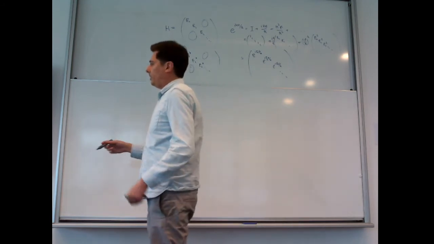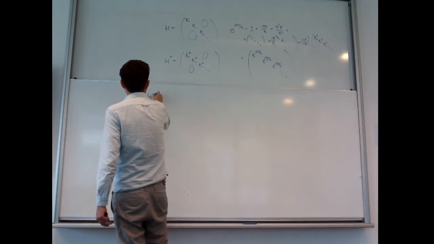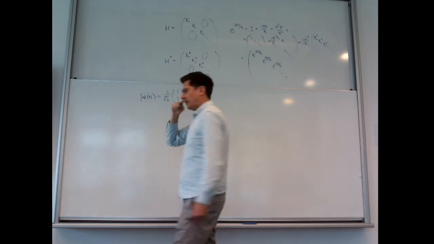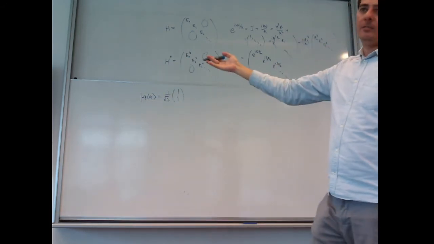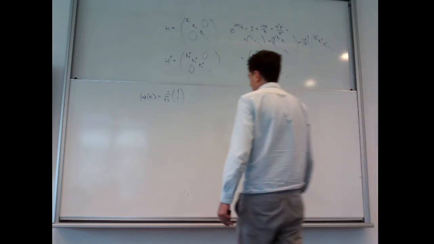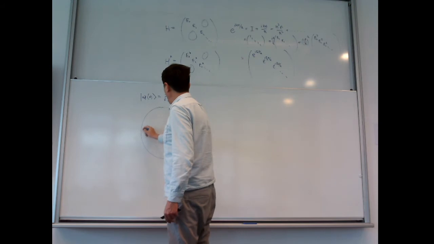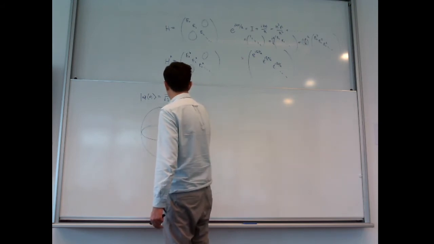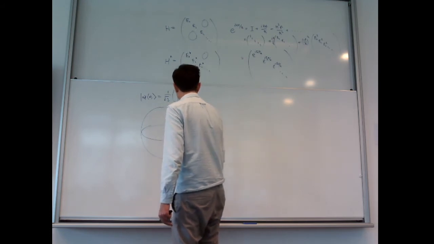Let me take the example where the initial state is 1 over root 2, times 1, 1. I've written alpha, beta, but I'm just going to choose this initial state. If I draw this state on the Bloch sphere, that was the z direction, this was x, this is y.